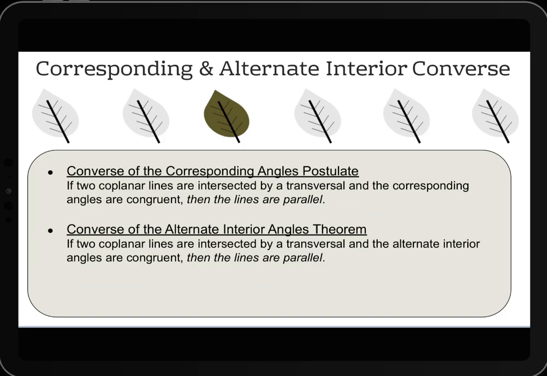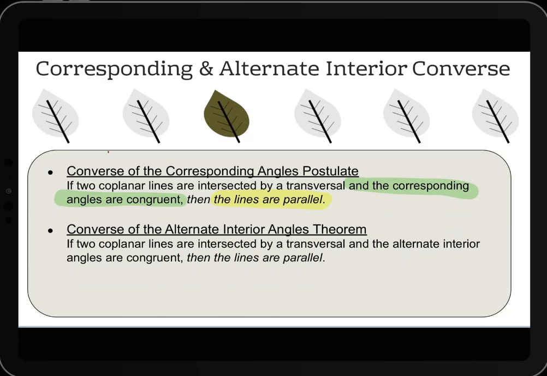Now, that verbiage is slightly different, but one of the things I'm going to single out more than anything is this. If we can establish that there are two lines intersected by a transversal, and that the corresponding angles are congruent, then we can conclude that the lines are parallel. That is the reverse of what we just saw moments ago, right?